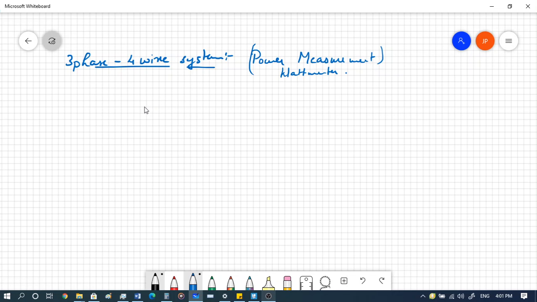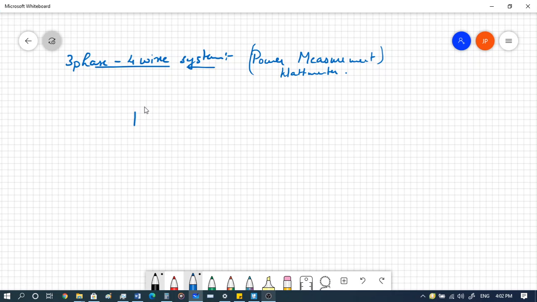So in this 3-phase 4-wire system, you can directly connect 3 wattmeters onto all 3 phases. And let's look at the diagram.